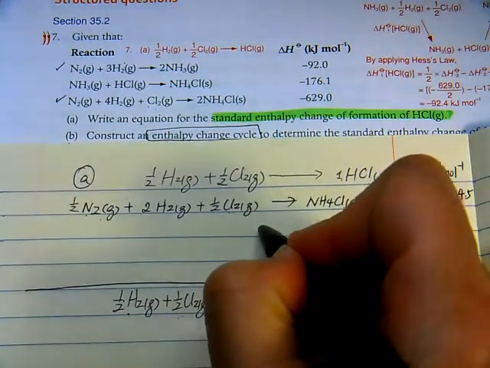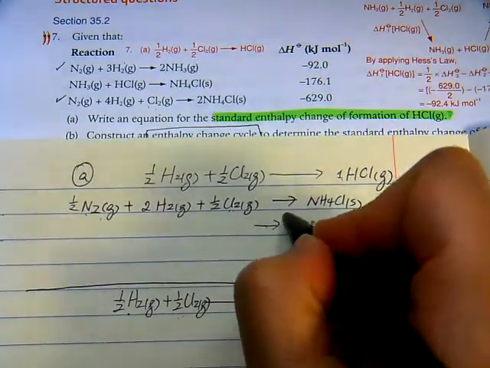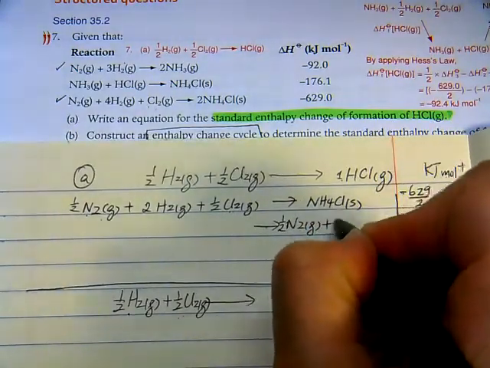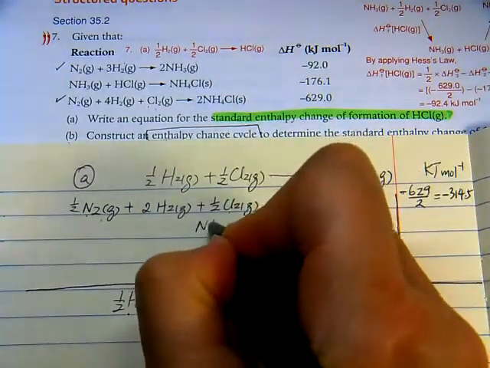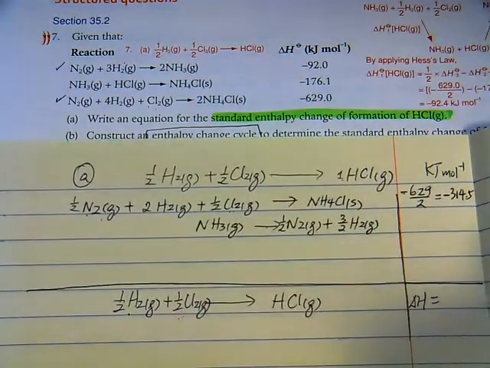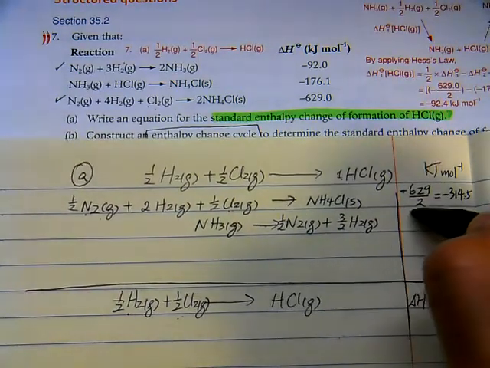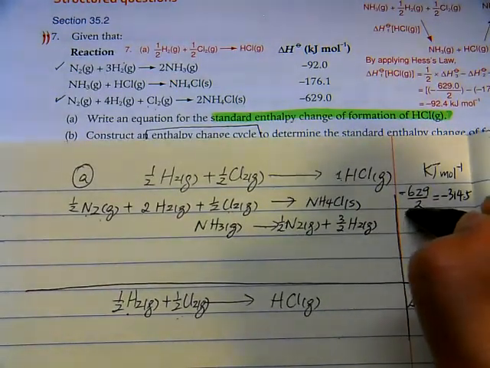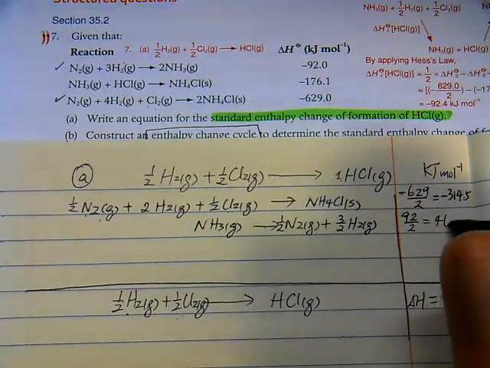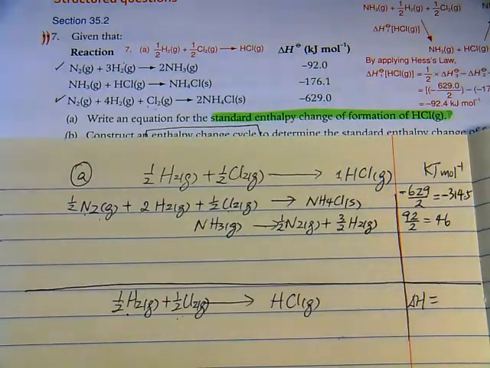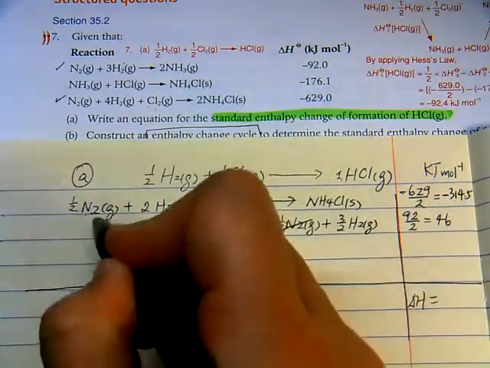However, we need to change the direction of the first equation, reverse, and divide the whole equation by 2. In doing this, the delta H becomes from negative 92 to positive 92, and then over 2. It is 46 kilojoule per mole. In other words, in balancing this equation, we can cancel out N2 and N2.